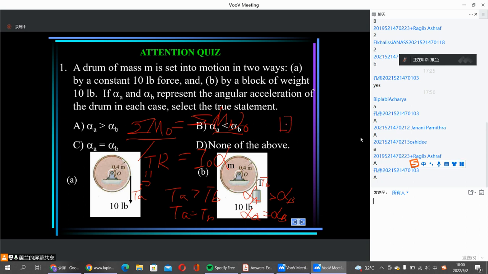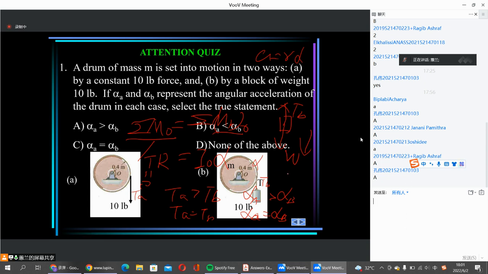Obviously, for the block, this is the weight, this is T_B, and because it is accelerating, if you have alpha, the block also goes downward with acceleration a equal to R alpha, right?